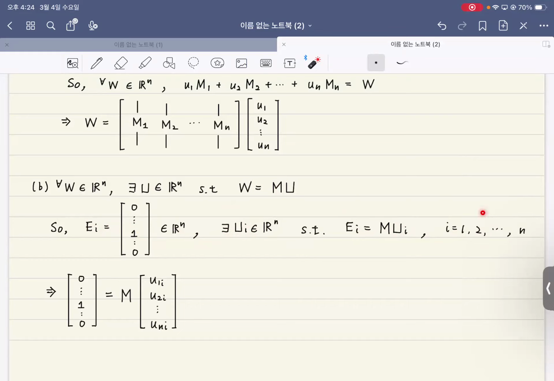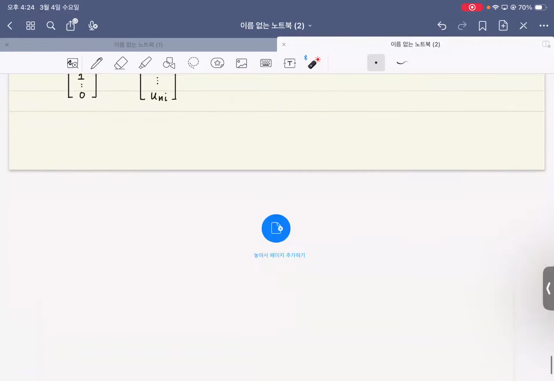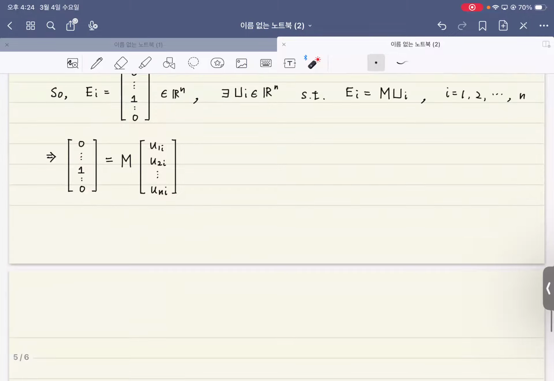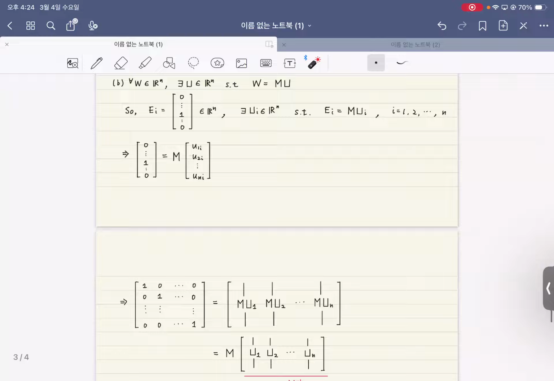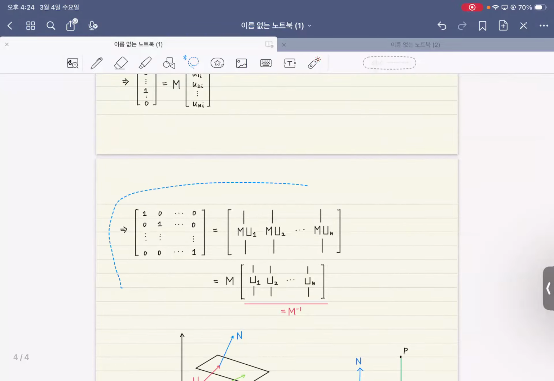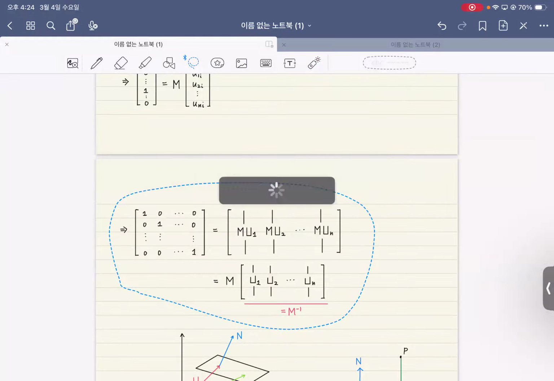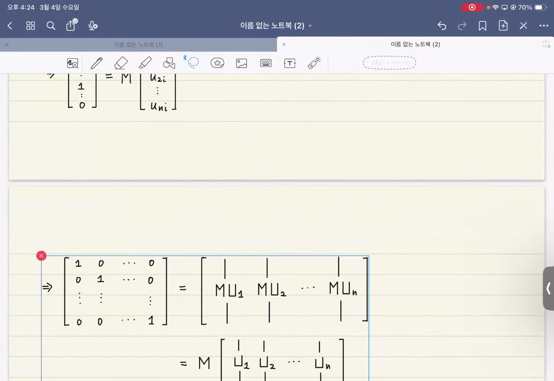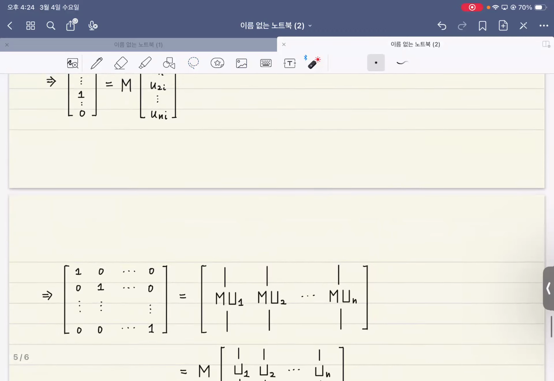So, in terms of the matrix, this relation can be expressed like this. We have n such matrix relations. What I want to do is this.